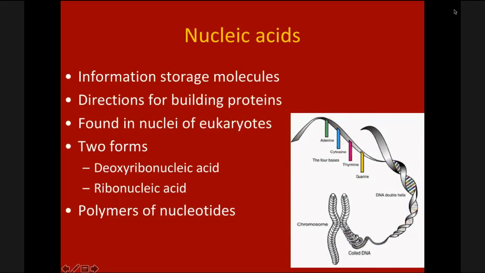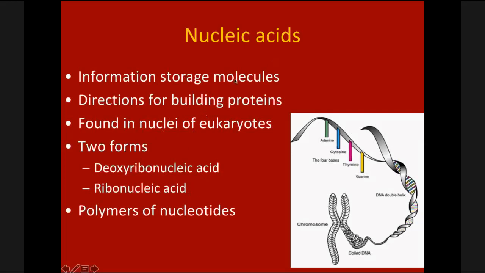All right, last organic molecule. So far we've talked about hydrocarbons, carbohydrates, lipids, proteins, and our last macromolecule is the nucleic acid. There's a whole bunch of types of nucleic acids that we're not going to talk about. I'm just going to introduce two of them, deoxyribonucleic acid and ribonucleic acid.